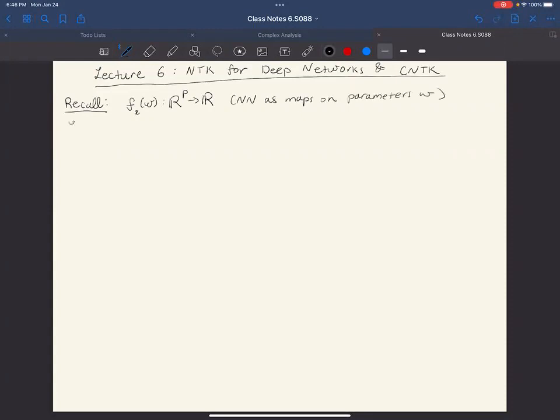And what we did is our first step was consider a linearization, which was we just took f sub x at w, and we approximated it by taking a first order Taylor series expansion of f around an initial set of parameters w naught. And this was exactly given by this formula.